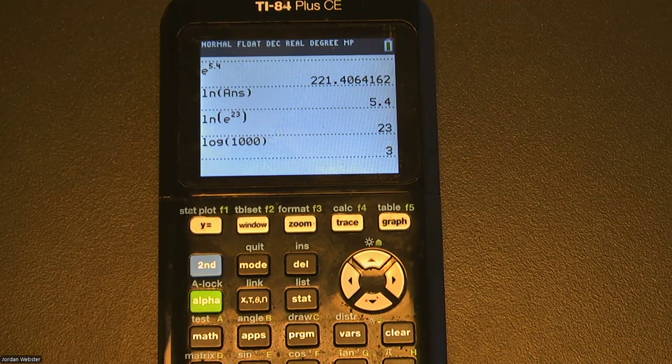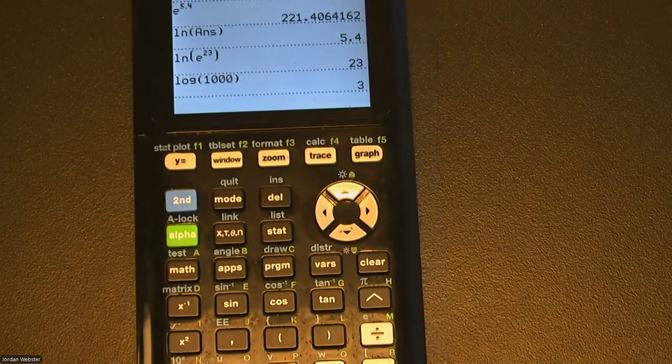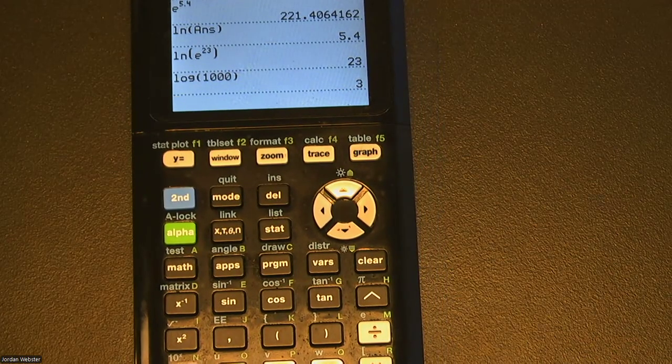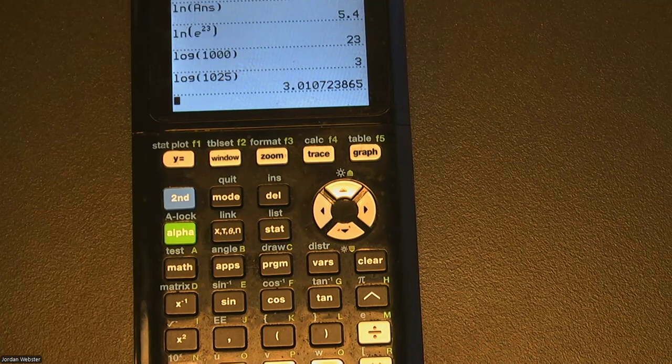Now, if we want to find log base 10 of 1025, I just do log base 10, 1025. And sure enough, I get a little bit over 3. If I rounded this to 2 decimal places, it'd be 3.01.